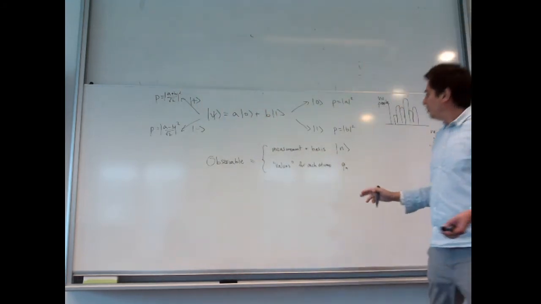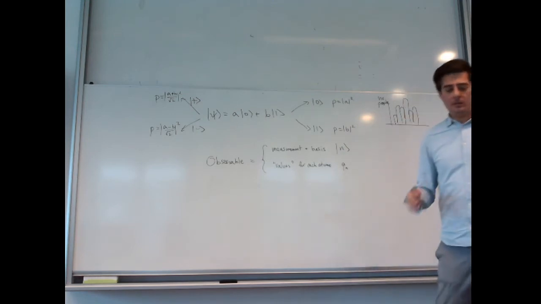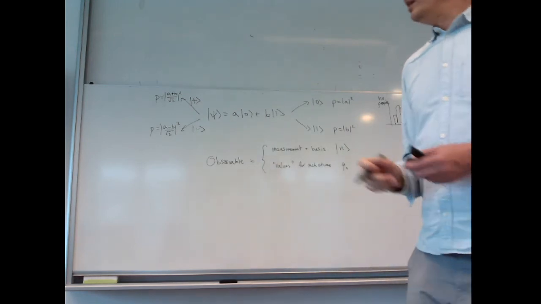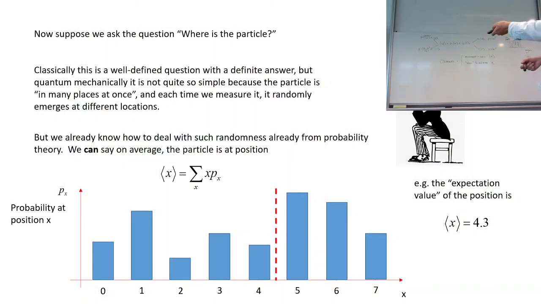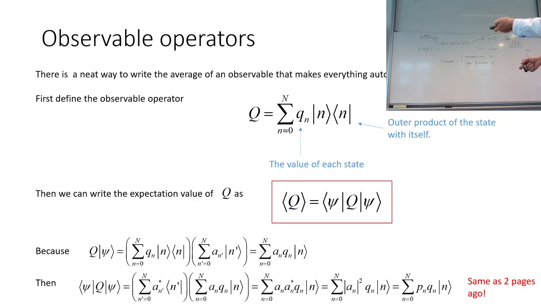The new aspect here is that we've got these values that we're averaging over, and the main formula of this whole set is actually this one.